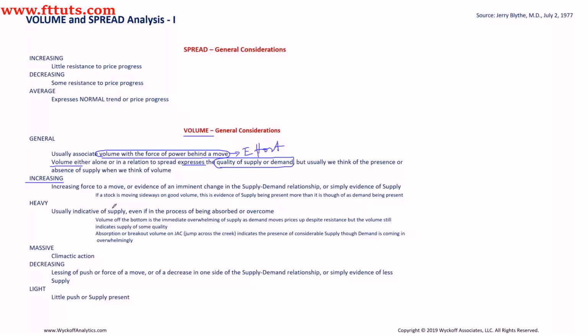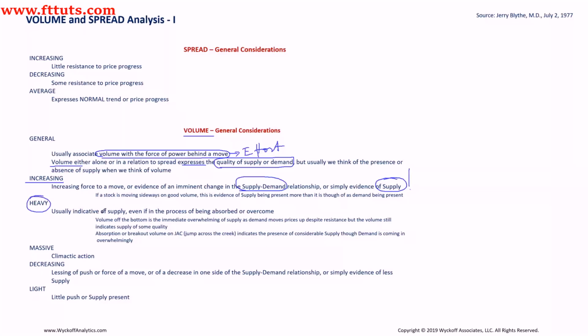Increase in volume in general is usually suggesting supply. That's number one in a lot of cases. But in some cases it will also show the emergence of demand. And we will just need to be aware in which environments, in which context we're interpreting that signal between the volume and the price.